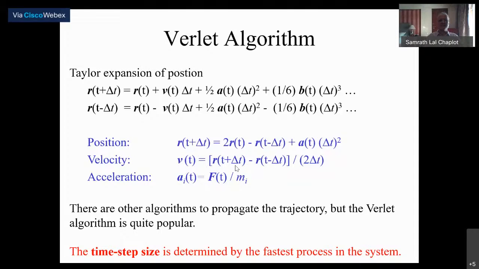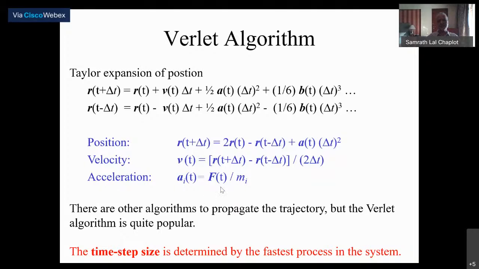The velocity can be simply written in terms of the positions at t plus delta t and t minus delta t, and the acceleration directly comes from the force field or the ab initio method. So this algorithm was first given by Verlet, and so it's named after him and called the Verlet algorithm. It's a very popular algorithm.